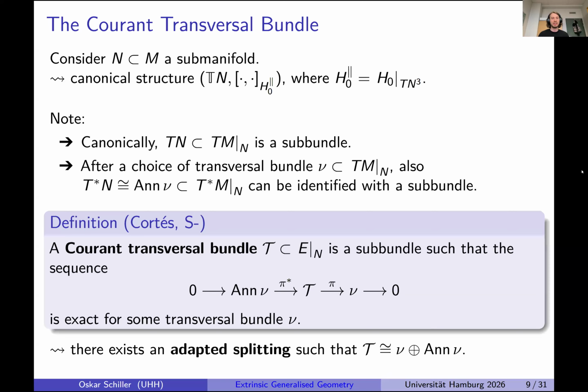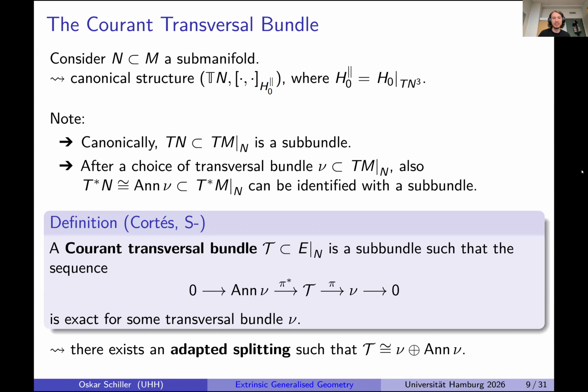So we can see that the transversal bundle is somehow the data that we have to fix, but in generalized geometry, these B-field transformations are very important, so we have to somehow develop a notion which is more general and incorporates the symmetry under B-field transformations in a way. And so the notion that we developed to deal with this is the notion of a Courant transversal bundle.